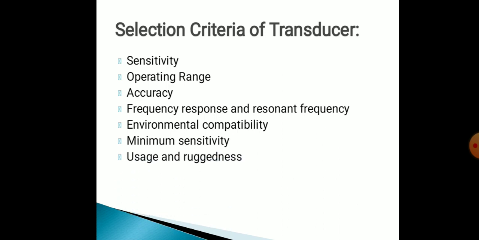Usage and ruggedness: ruggedness, both electrical and mechanical, varies with size and weight. Electrical parameters: length and type of cable required, signal to noise ratio when combined with amplifiers, and frequency response limitations.